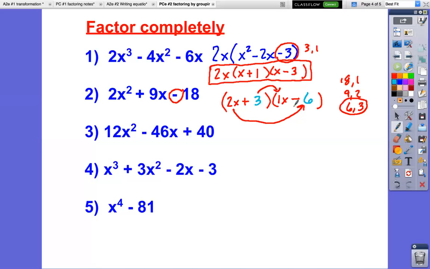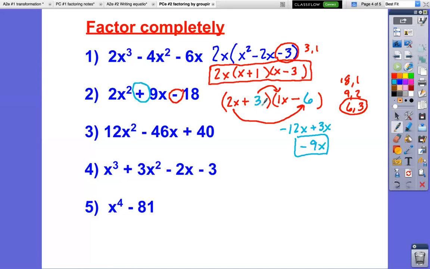Now check your answers. That's -12x plus 3x, which gives us -9x. Am I looking for -9x in the middle? No, I'm looking for positive. So what's the only thing I have to change about this? Change your signs.